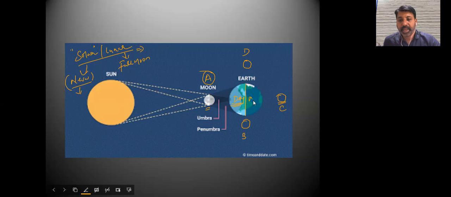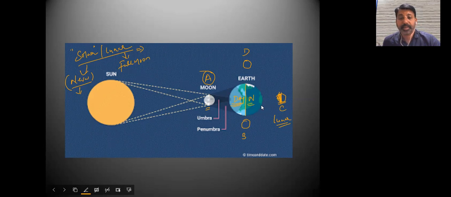Because at nighttime from the earth, I'm watching the full moon. So this is a full moon, and the moon is gradually disappearing. Somebody is blocking it, and it becomes a lunar eclipse. So position C is a lunar eclipse. That's correct. On full moon day, in position C, you will get lunar eclipse. There is no doubt about it.